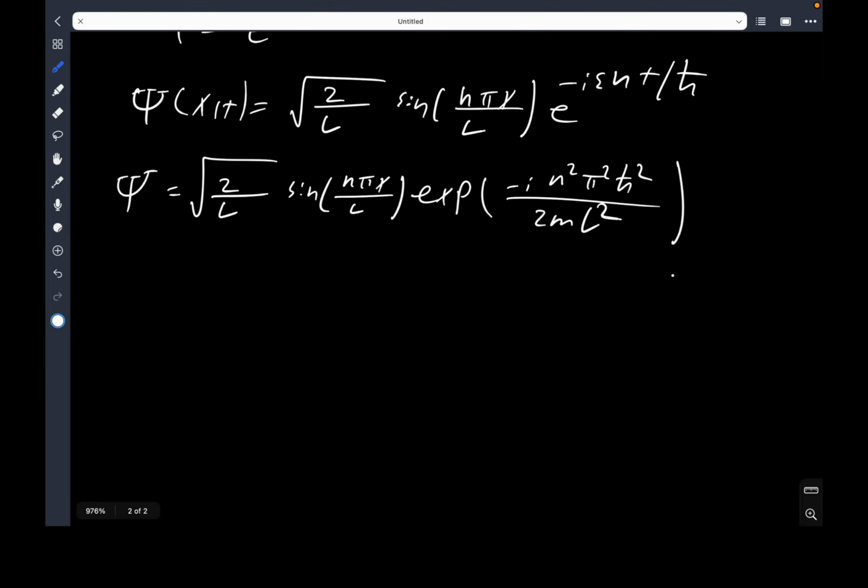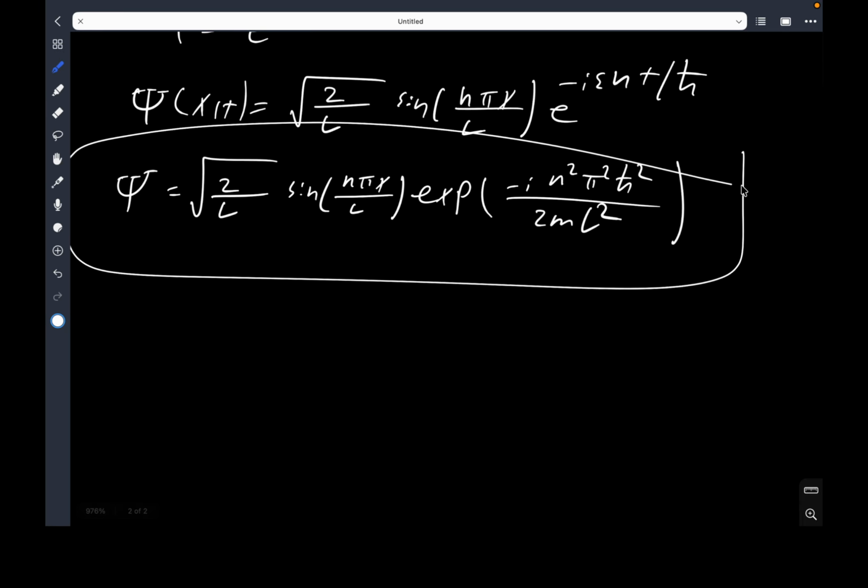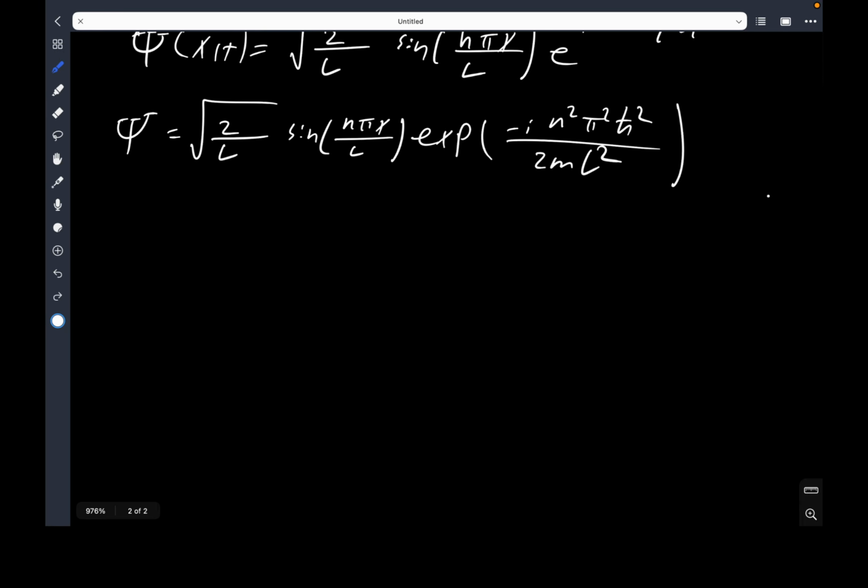So this is my full solution for psi, but we can make it more complete by saying that it can be a superposition of x and t of different linear forms.